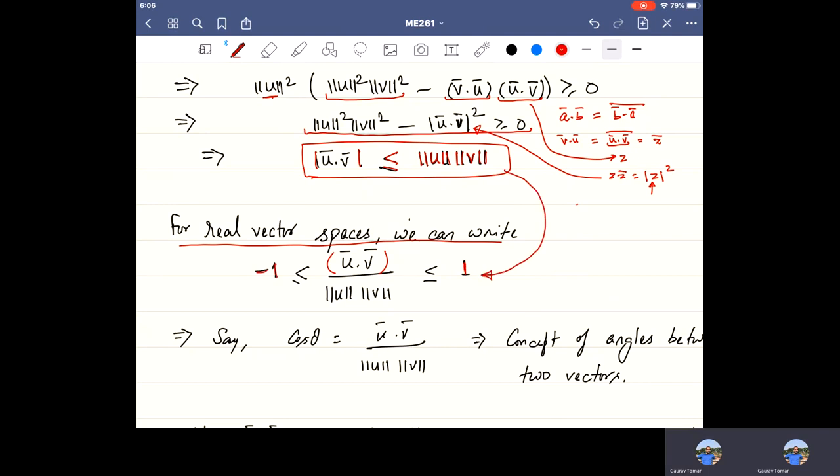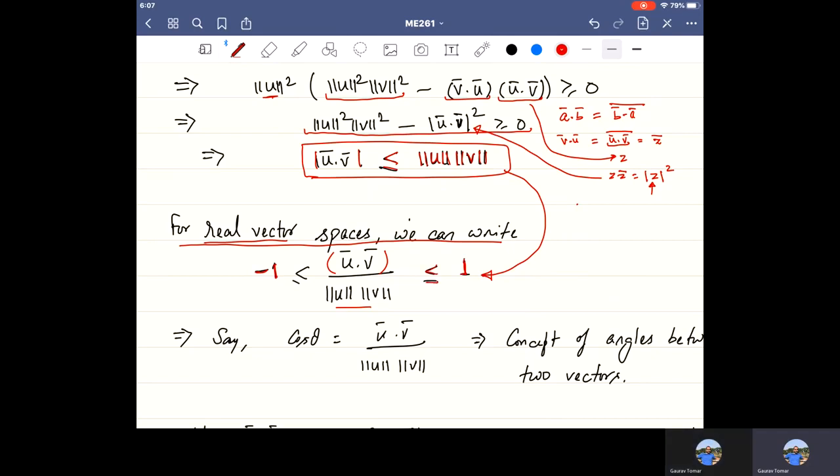If you look at not just the absolute value, but allow negative values too, as you can for real vector spaces, this inequality means that u dot v divided by norm of u and norm of v would always lie between -1 and 1.